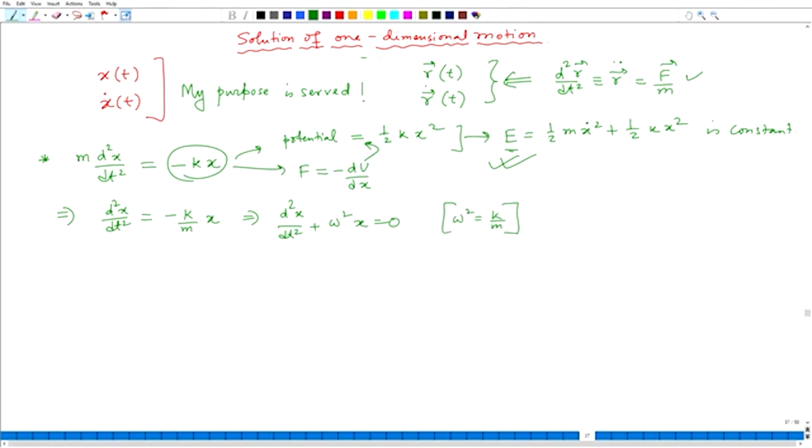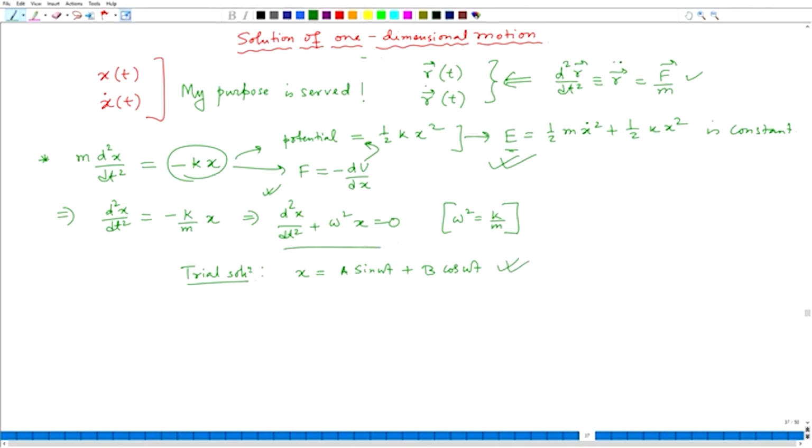Now you have a second order ordinary differential equation, and you know the trial solution. From our knowledge, x is equal to a sin omega t plus b cos omega t, and this solution should satisfy this equation. Why is this?